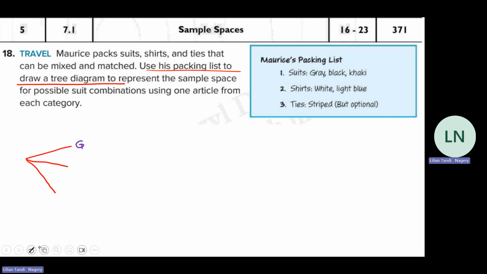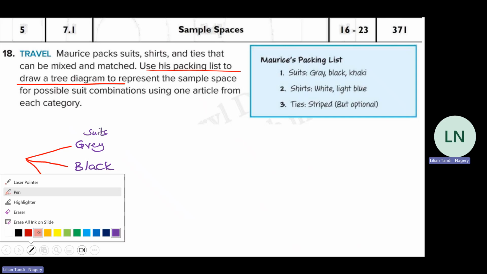So gray, or just write gray. What is this? Black. And what is this? Khaki. Okay, so these are suits. Then the suits go to shirts.